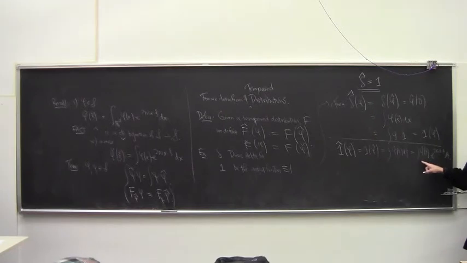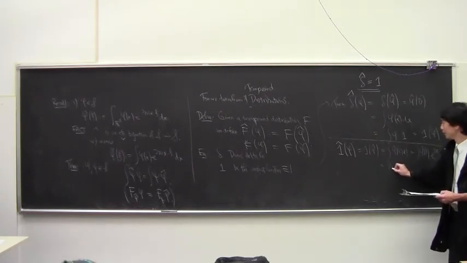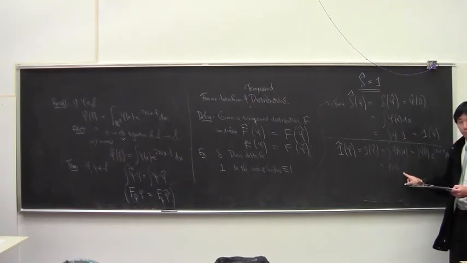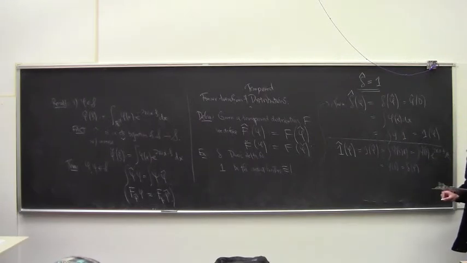If you use the inversion formula, you see that this is phi of 0, which is to say, the Dirac delta acting on phi as a distribution. So, conversely, we see that the Fourier transform of 1 is the delta function.